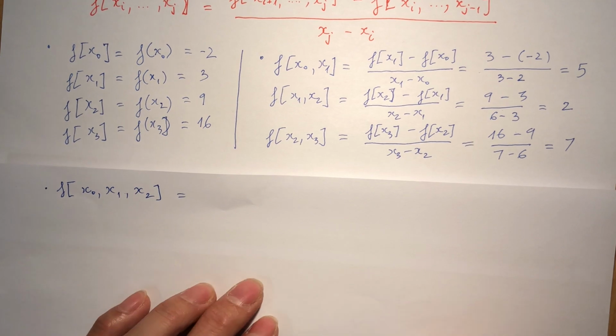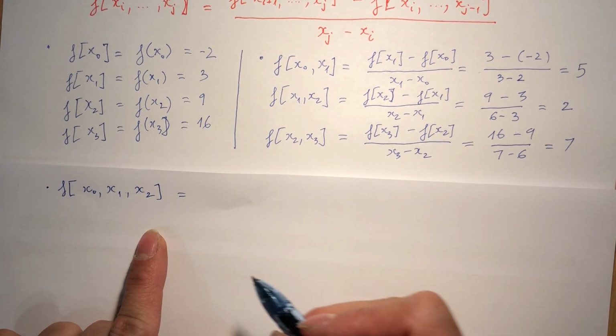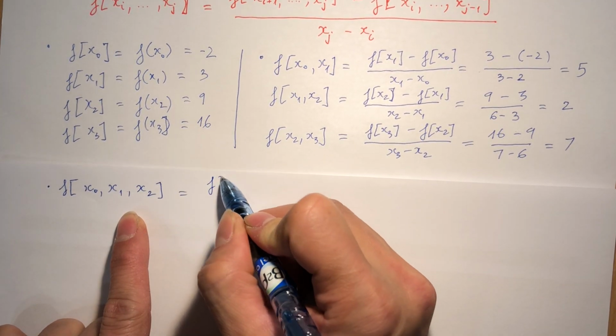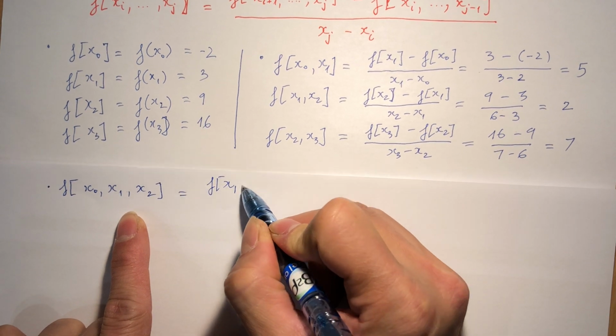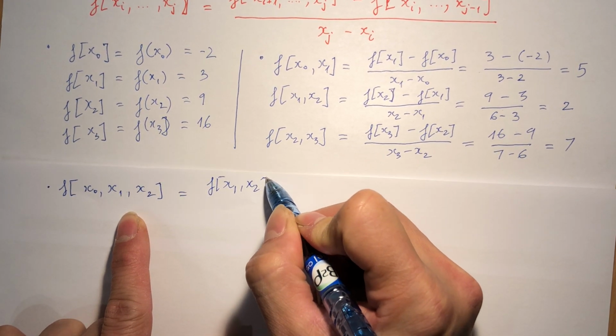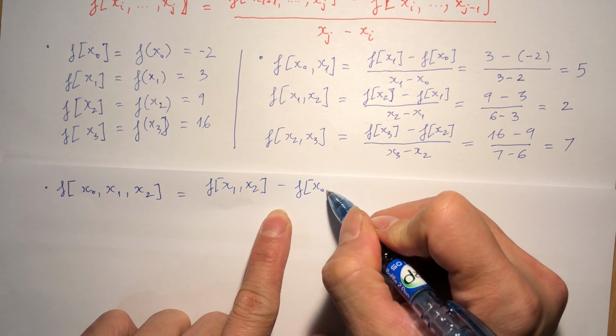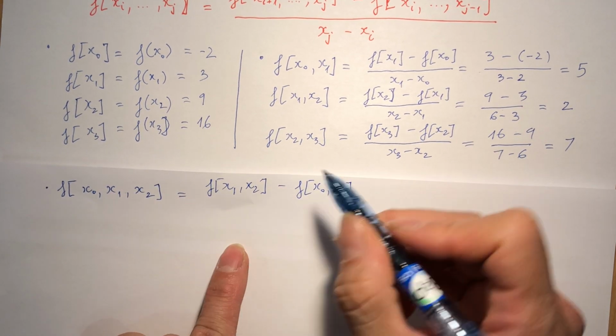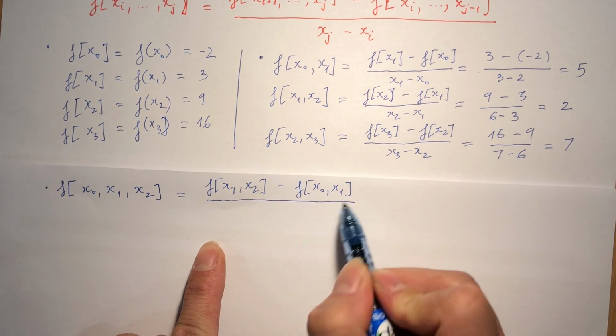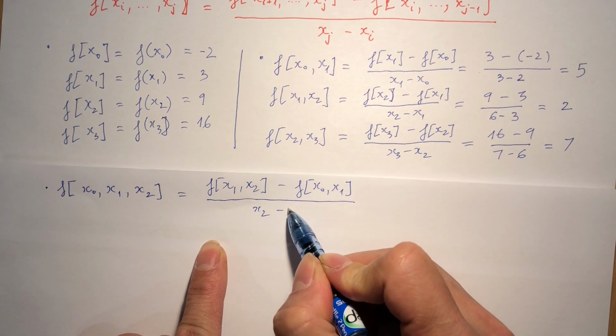This one equals f[x1, x2] minus f[x0, x1], divided by x2 minus x0.